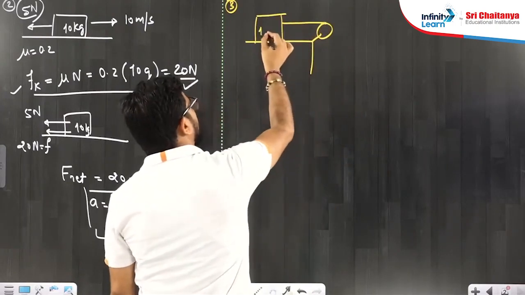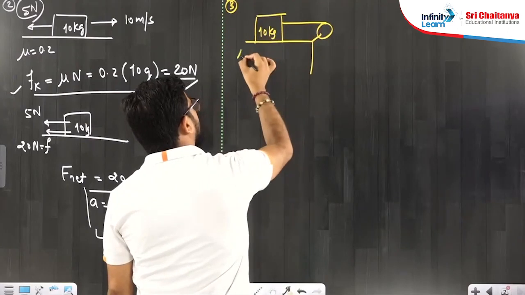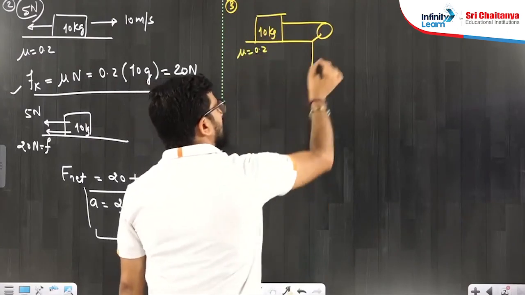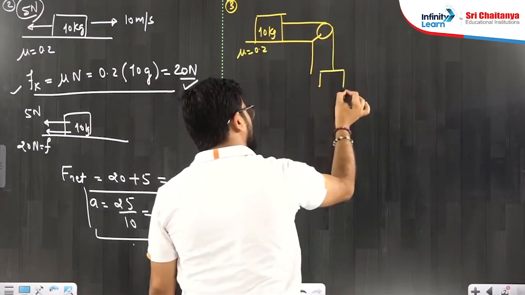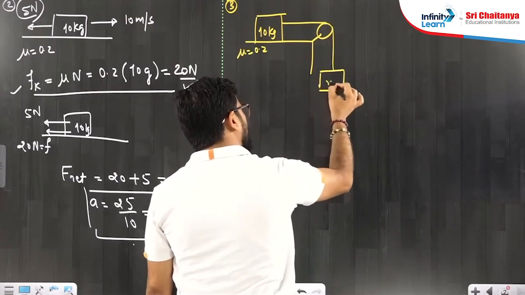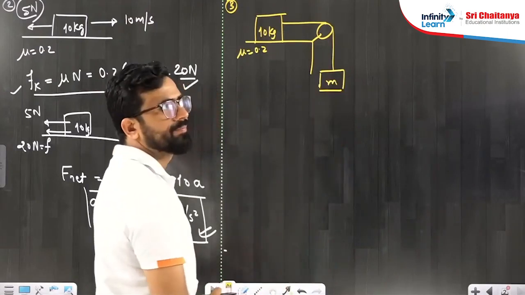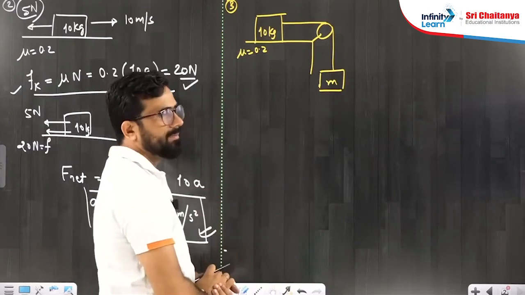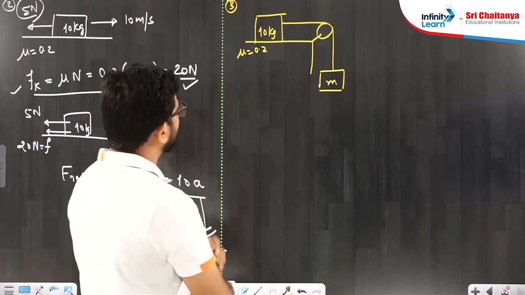Suppose this is a 10 kg block, with mu equal to 0.2, and I'm putting one mass m hanging here. Okay, this mass m is hanging. The question is very simple.